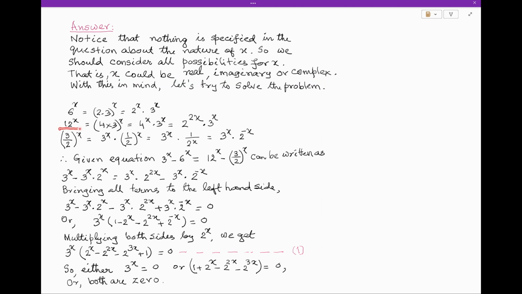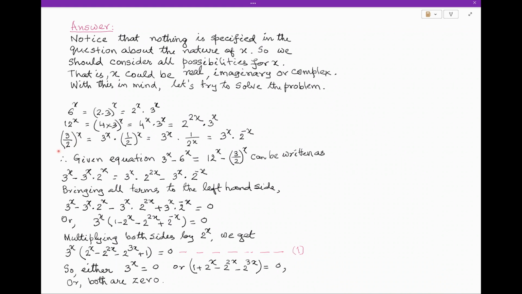Similarly, 12 to the power of x is equal to 4 multiplied by 3 whole to the power of x, that is 4 to the power of x multiplied by 3 to the power of x, and since 4 to the power of x can be written as 2 to the power of 2x, we can finally write 12 to the power of x is equal to 2 to the power of 2x multiplied by 3 to the power of x.